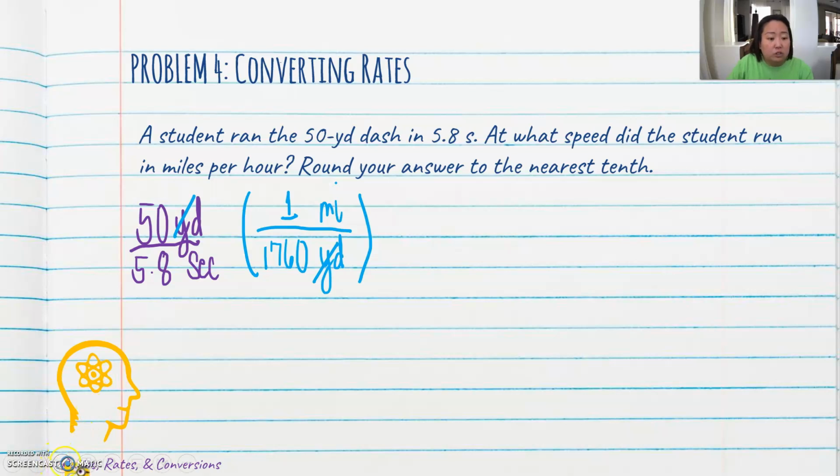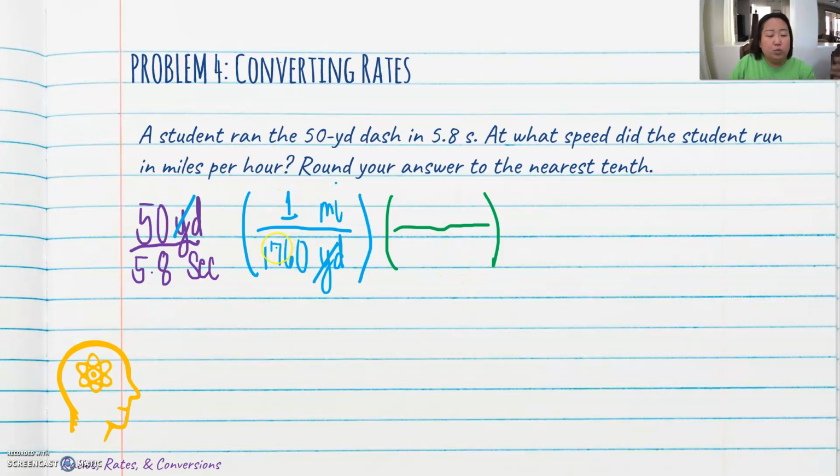Now, how do we change second? Okay, so we will have a second conversion factor here, and this one is in green, and this is reserved for converting second. Now, as you can see, seconds in our given is in the denominator. So do we need to put it also in the denominator on our conversion factor? Nope.